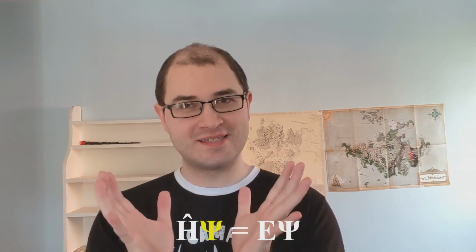But with the Schrodinger Equation, this little symbol psi represents the wave function of the electron. And those sort of determine the orbitals, because if you take it and you do some math with it, you can find the radial distribution function, and that sort of gives you the probability of where an electron of a certain orbital is likely to be, and that's how we get all the sort of shapes of orbitals.